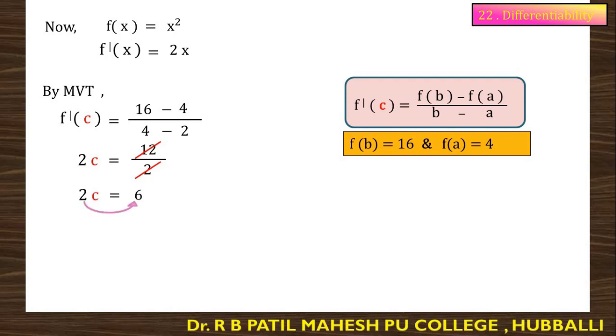Therefore transferring 2 to the right side, you will get c is equal to 6 divided by 2, that is 2 ones are 2, 2 threes are 6, cancelled, you will get c is equal to 3.